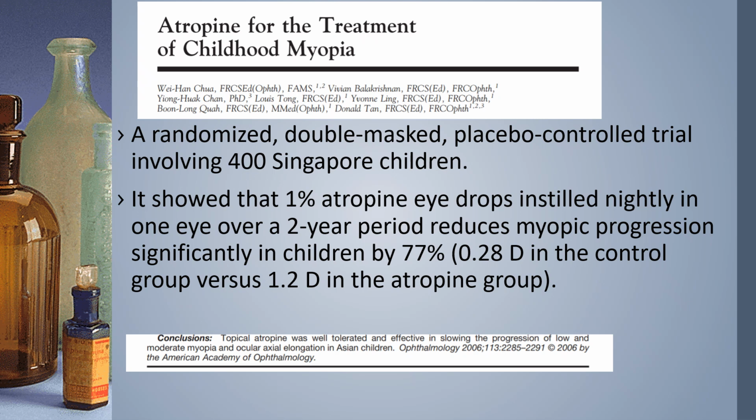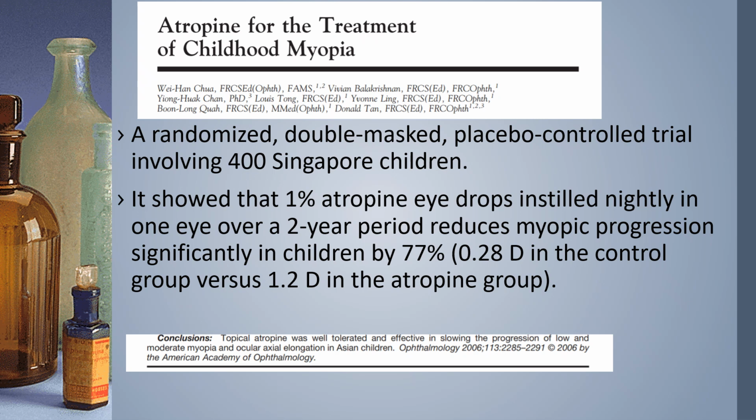I think with this background in mind, they went forward towards finding out lower concentrations. Although 1% was tolerated well, according to the study, we all know that atropine does have a very strong effect on accommodation and also on photophobia, and it is quite difficult to use atropine 1% in clinical practice.